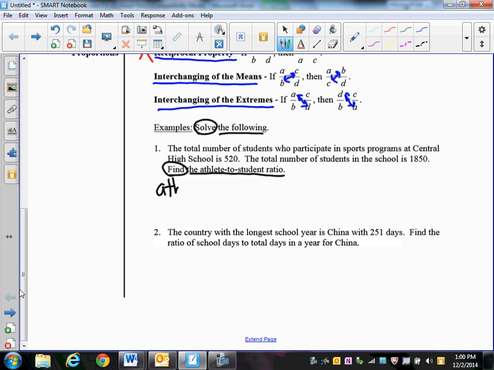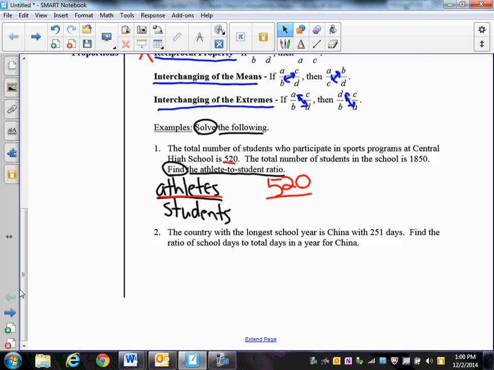So we need athletes over students. The athletes, it says there are 520, and students, we have 1,850.